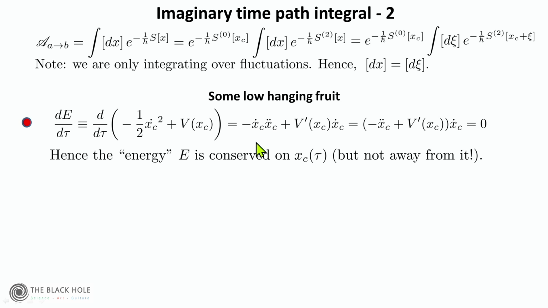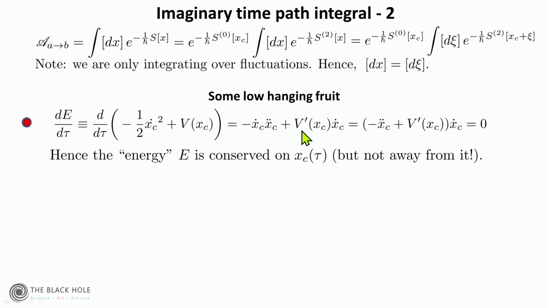So we have this plus, now if I take d by d tau of V of xc, then by the chain rule, I get dV by dx into dx by d tau.